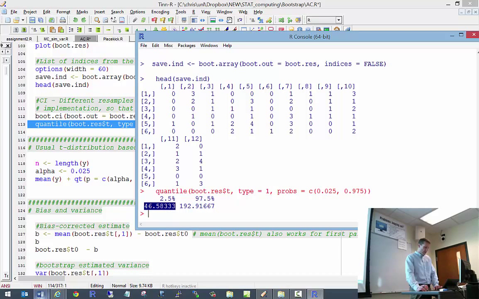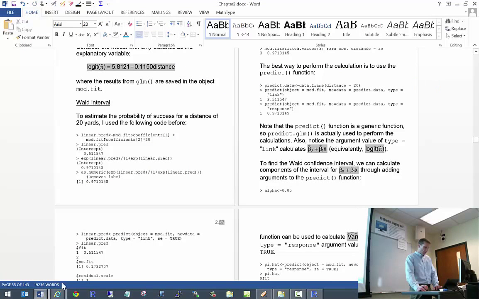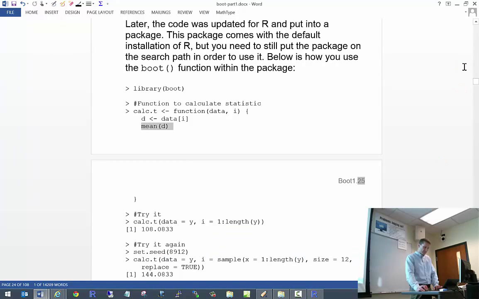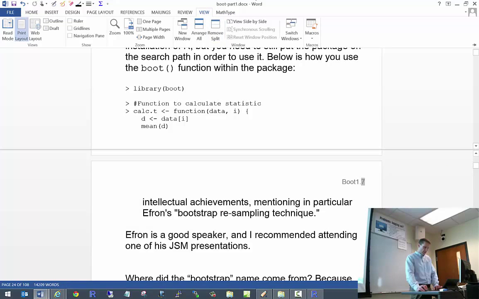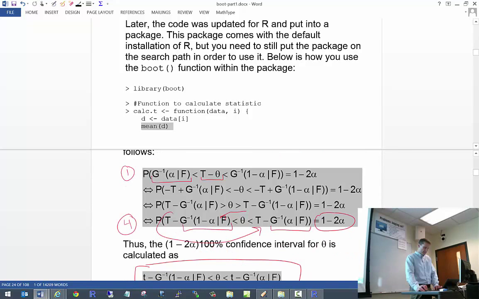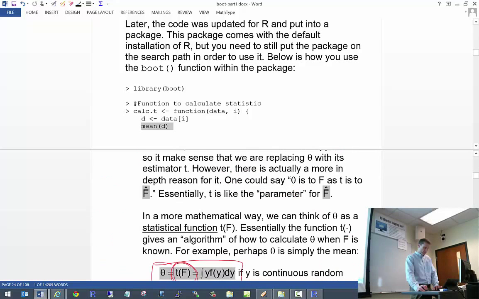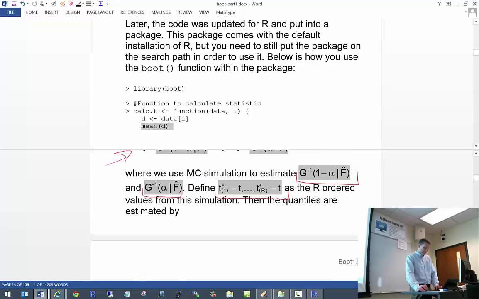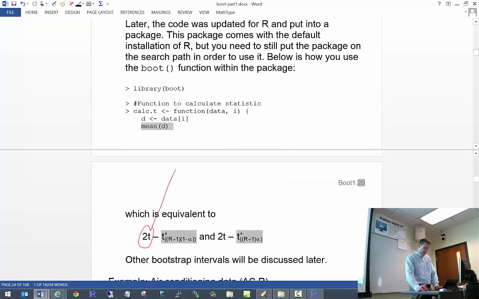I'm going to go back to my notes real quick just to make sure you remember what the basic bootstrap confidence interval looks like. There we go.